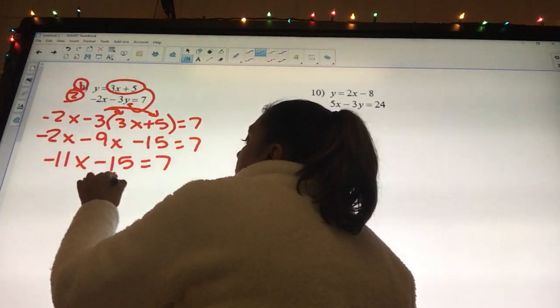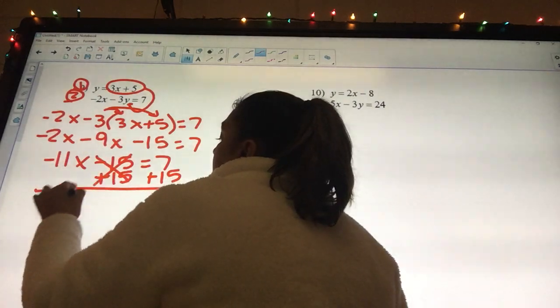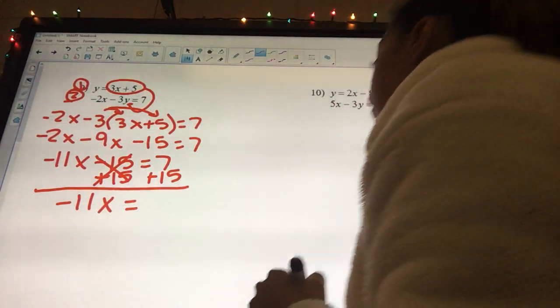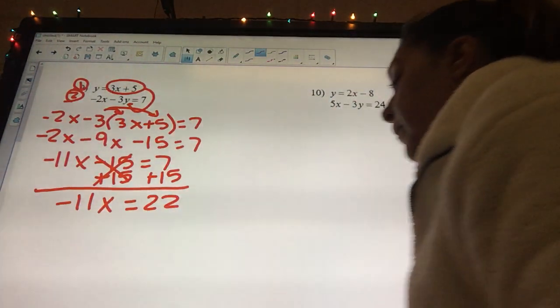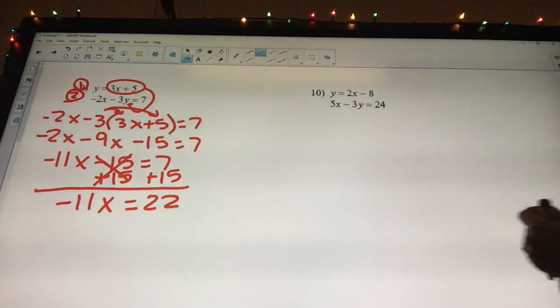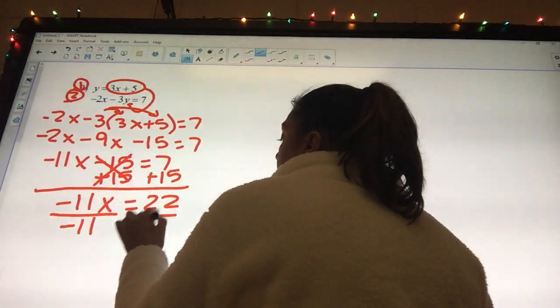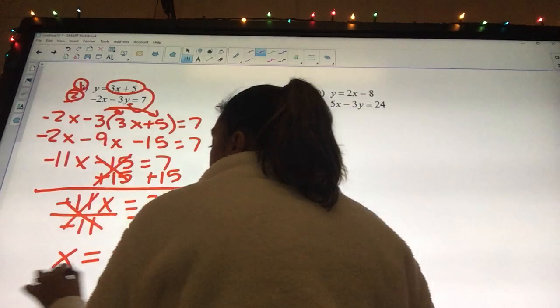Okay, which is just going to be plus 15, plus 15. Negative 11x equals 22. And then we're going to divide both sides by negative 11. So x equals negative 2.